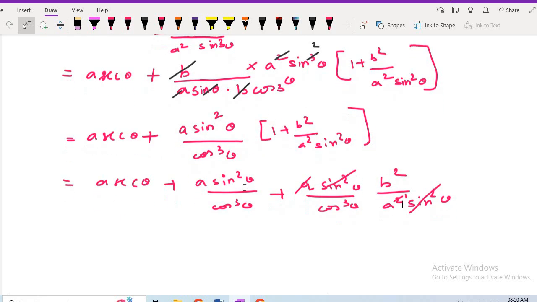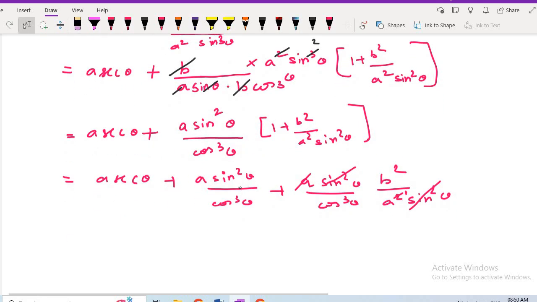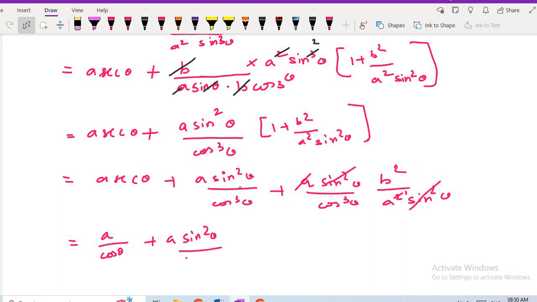Okay, so now we can write this secant theta also as a divided by cos theta. Secant theta can be written as 1 by cos theta, plus a sine square theta divided by cos cube theta, and then in this term we have b square in the numerator and a cos cube theta in the denominator.